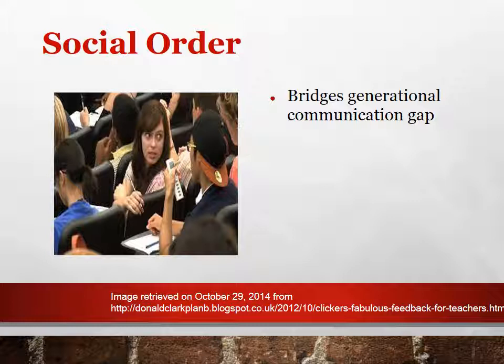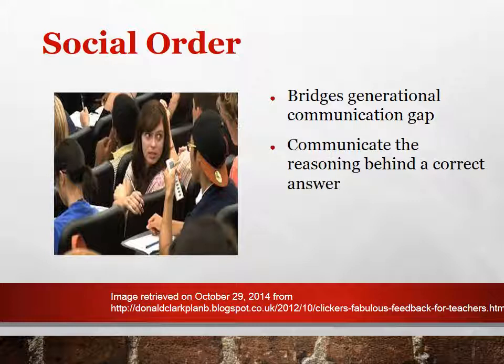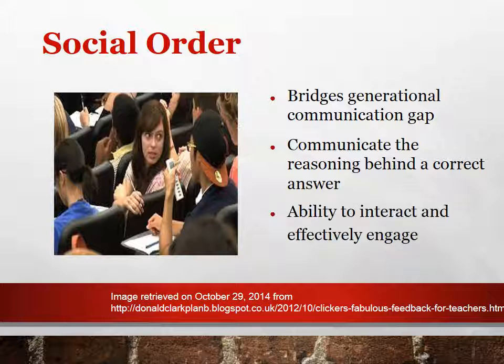from previous generations. Peer instruction enhances a student's ability to communicate the reasoning behind a correct answer. This better prepares the student because the emphasis in the concept test format requires the student to speak up and to justify their reasoning.